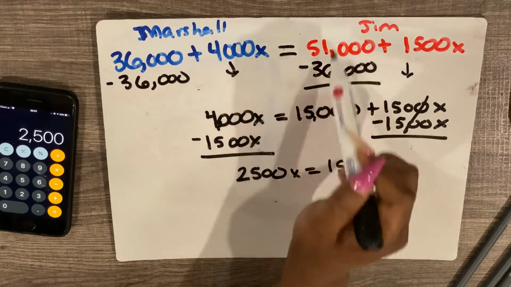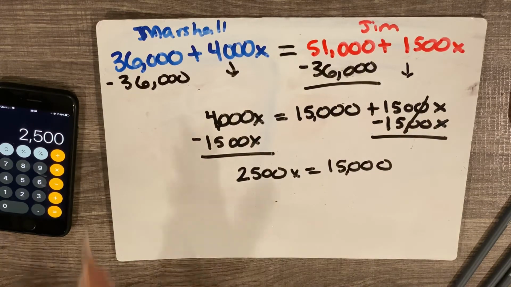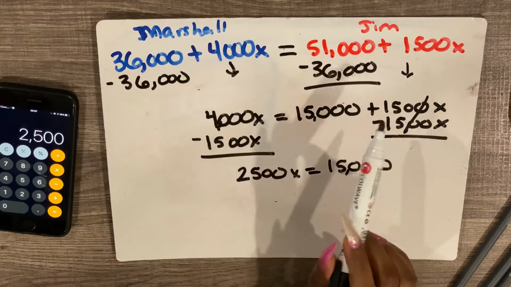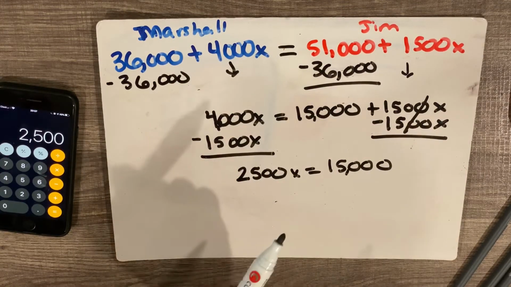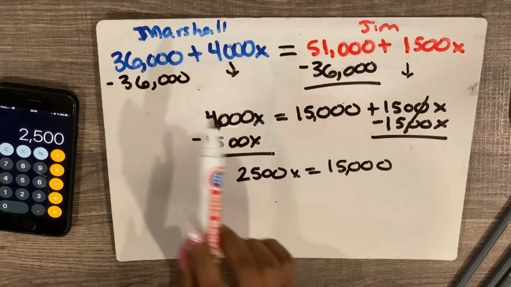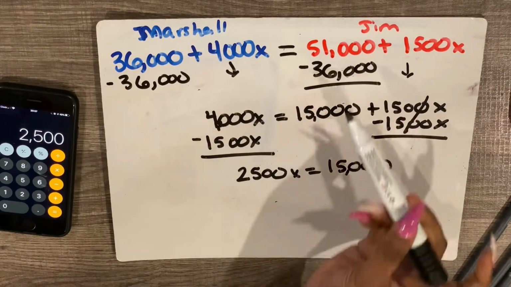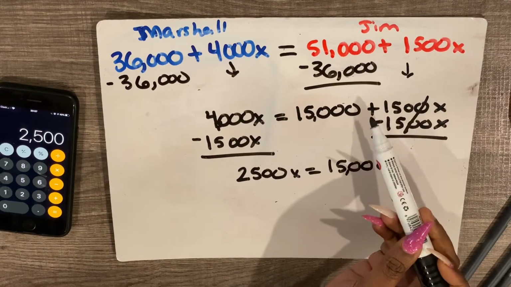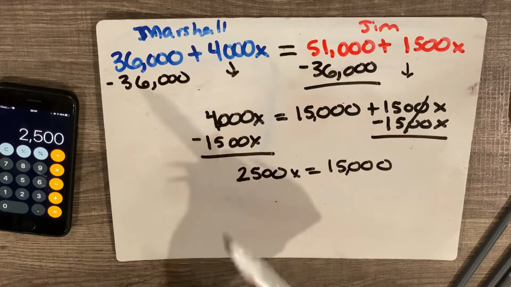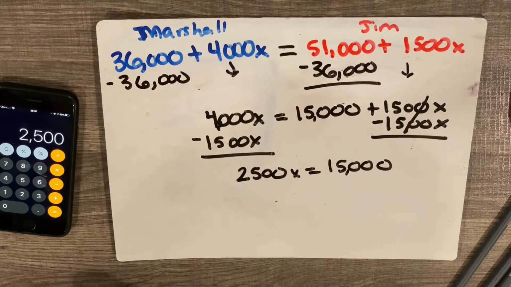That's what that equal sign is. At some point, they're going to be earning the same, okay? So now that I've done all of this, that's our equation with a variable on both sides, then I brought it down and I did my two-step equation. So this is the first step. Now I'm down at the last step.